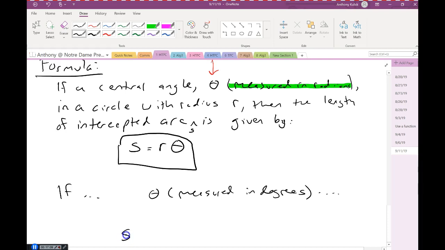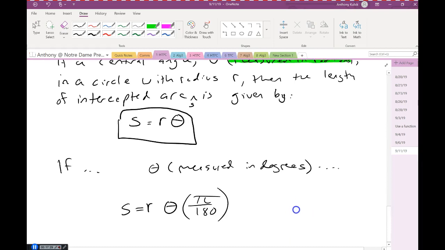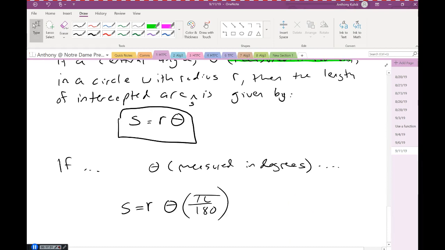Yeah, I'd have to convert it into radians, which means I'd have to multiply theta by pi over 180. Sam? S is the length of the arc, right? Correct.